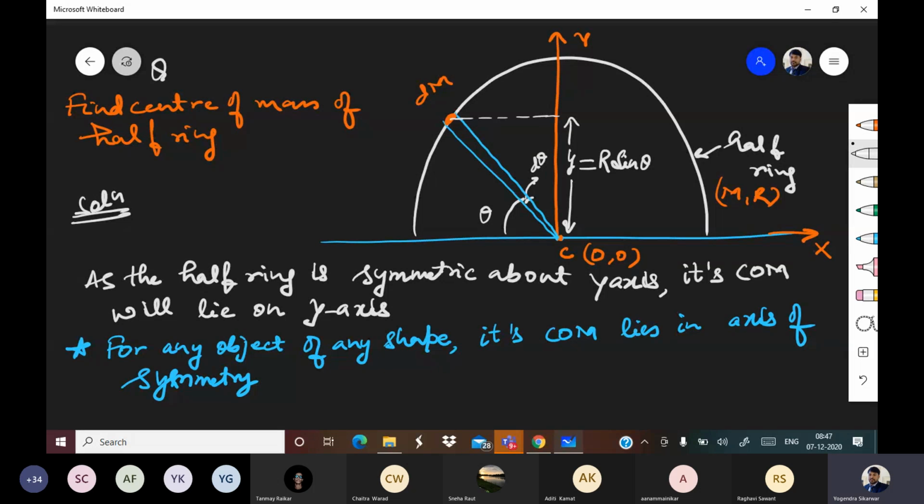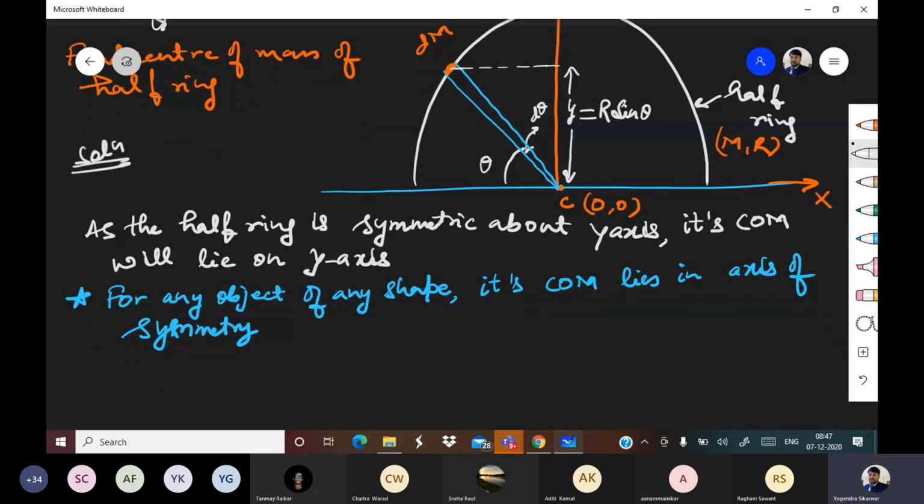All right. So ycm will be integration y dm upon integration dm. We know the formula. Now listen carefully. y is nothing but r sine theta, as we have seen.